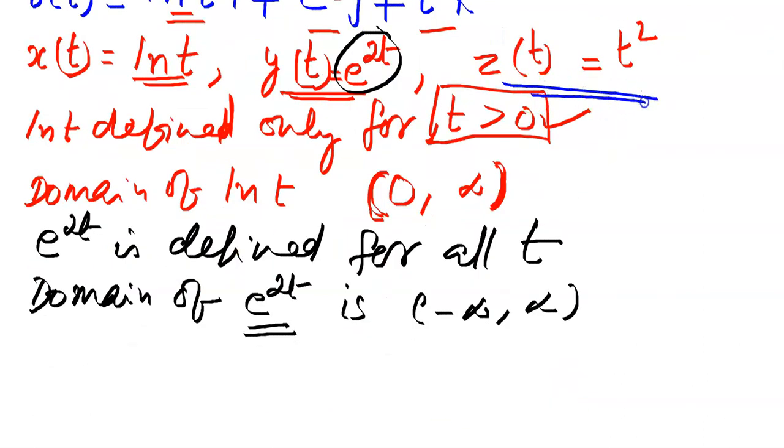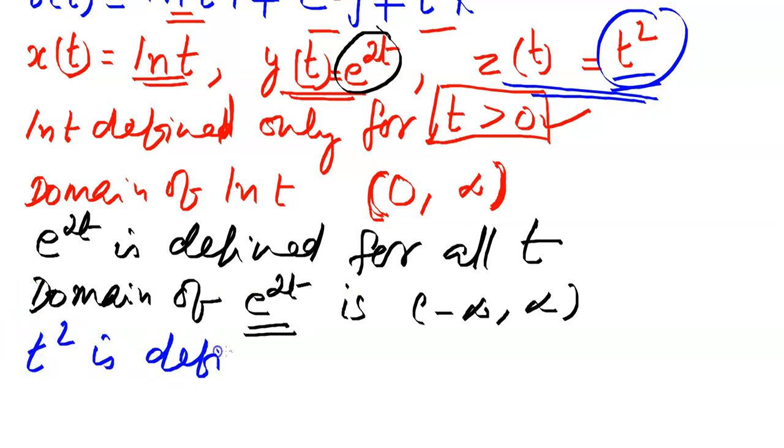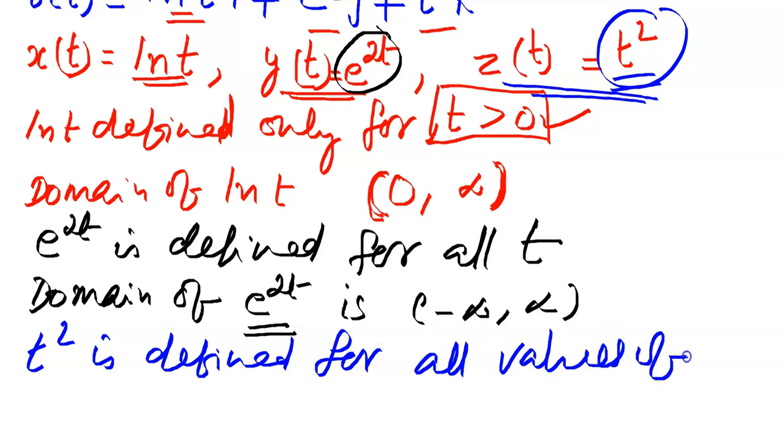Z of t is equal to t square. T square is a polynomial, defined for all values of t. T square is defined for all values of t.